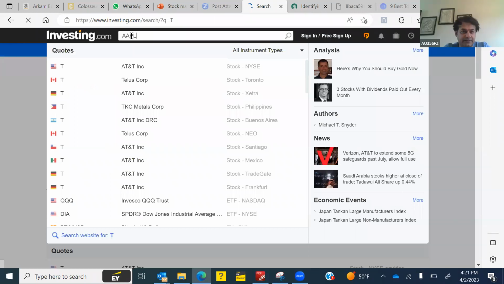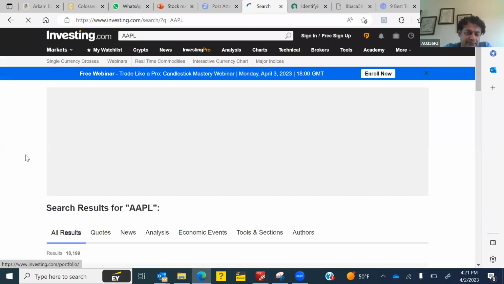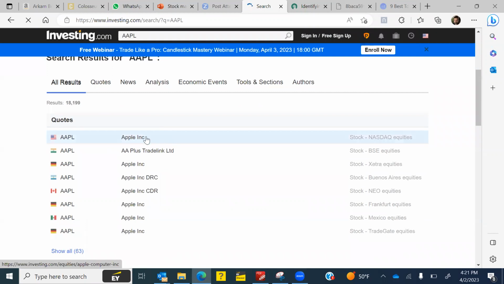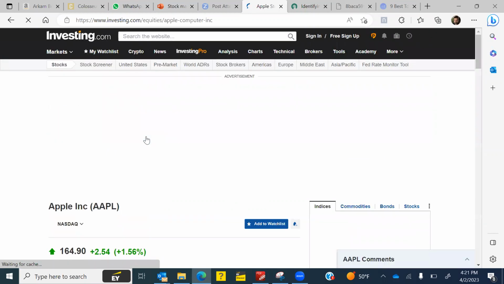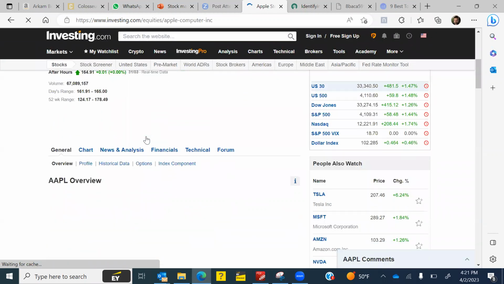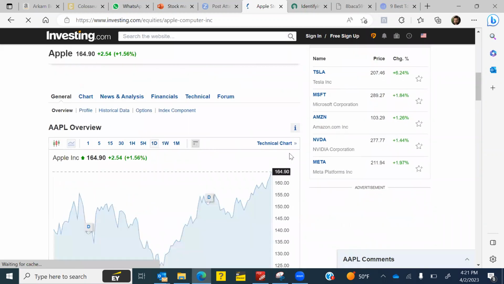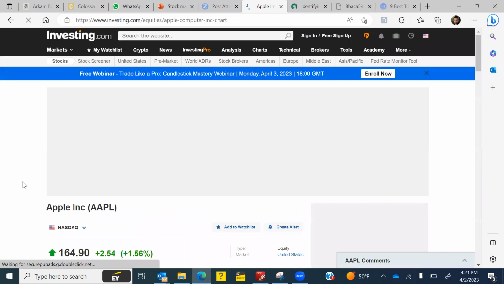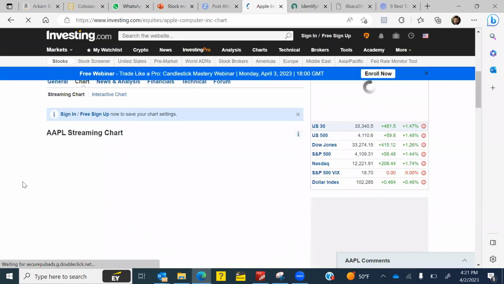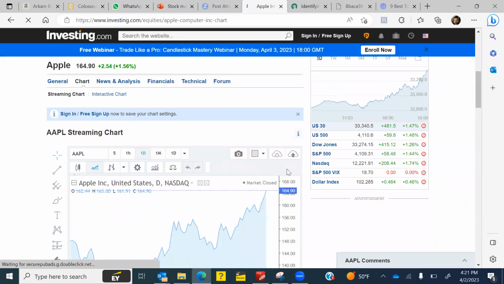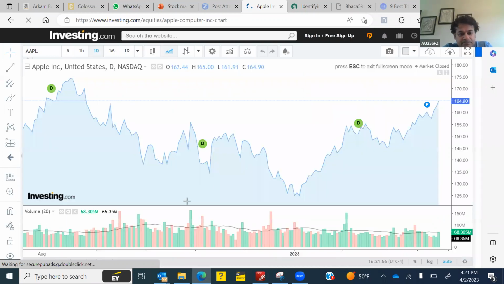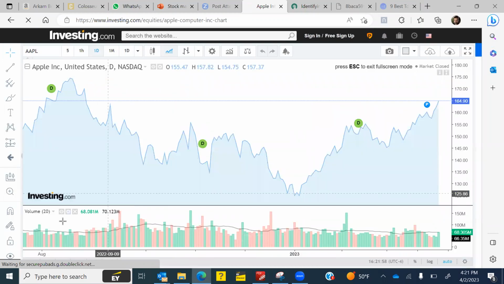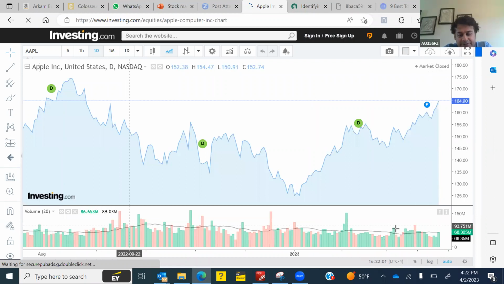I thought I put AAPL. So one thing, over here you'll see the volume. The S&P does not show the volume, but over here you'll see the volume.